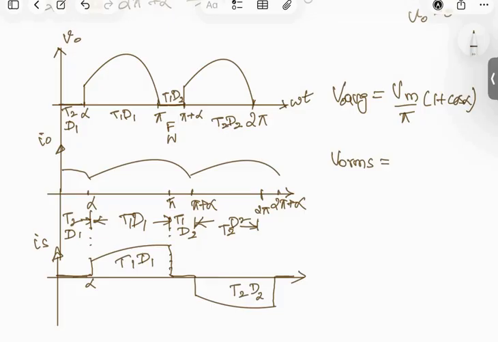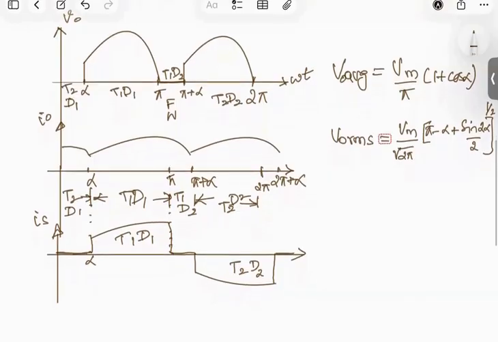So the expression will be V0 RMS equals Vm by root of 2 pi into (pi minus alpha plus sine 2 alpha by 2) whole to the power 1 by 2. This is the V0 RMS value. These values are the same as that of the single phase semiconverter with the R load and also with the RL load. So this is about the continuous conduction mode.